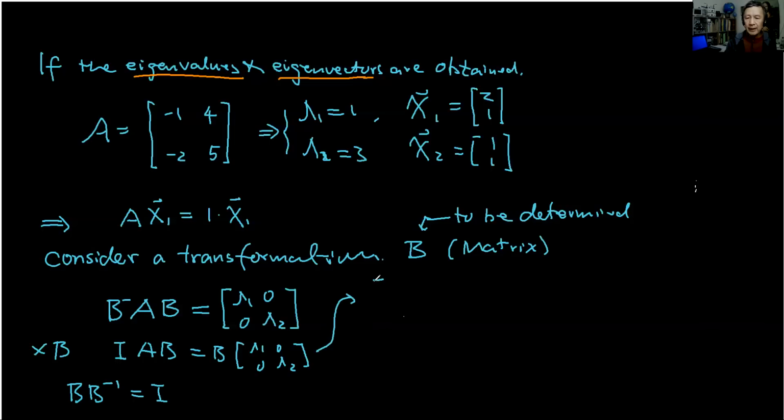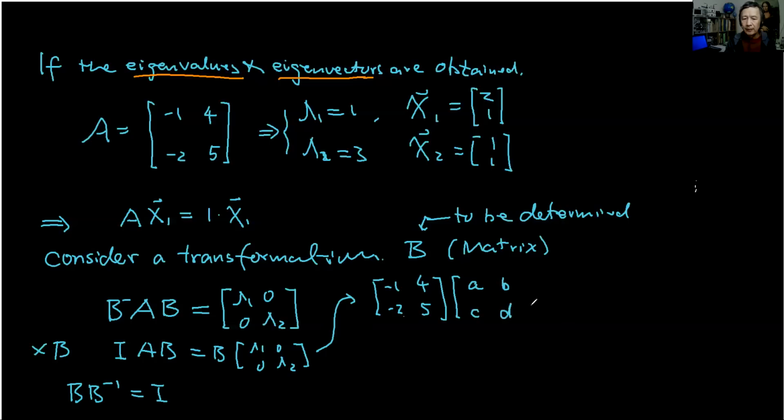So that means A is -1, -2, 4, and 5. And we don't know B, so can we just call it a, b, c, d, to be determined?